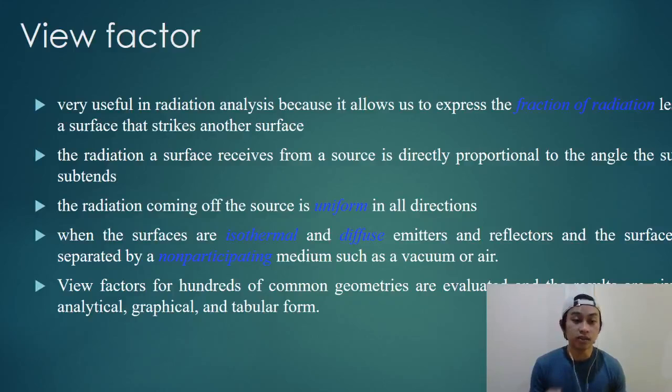This is the case when the surfaces are isothermal and diffuse emitters and reflectors, and are separated by a non-participating medium such as vacuum or air. The view factors of hundreds of common geometries have been evaluated and the results are given in analytical, graphical and tabular form.